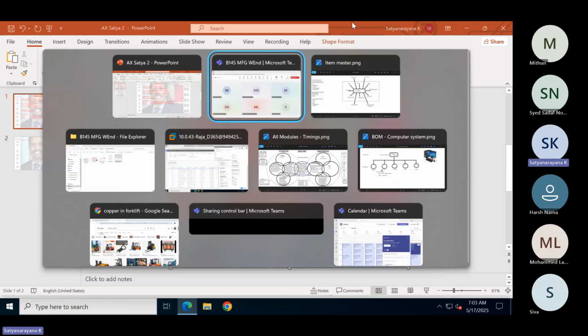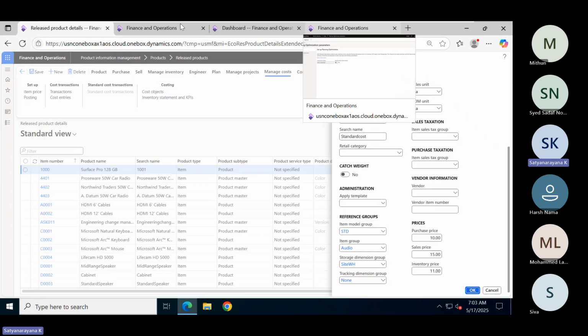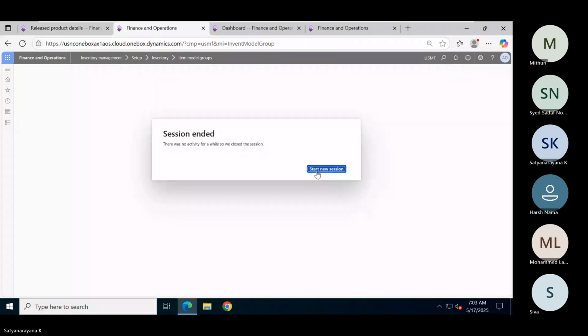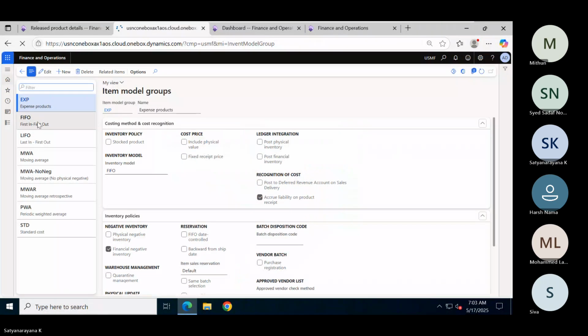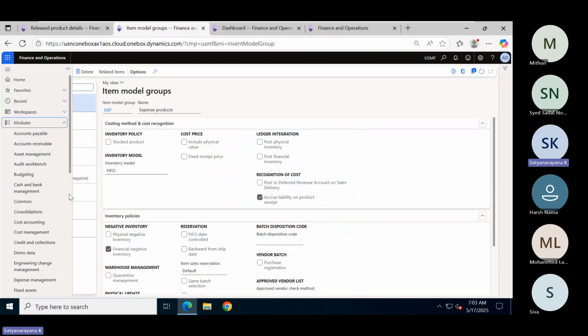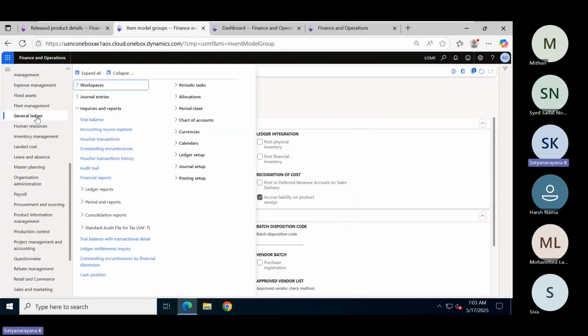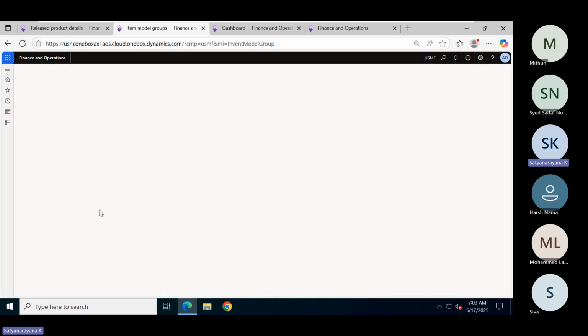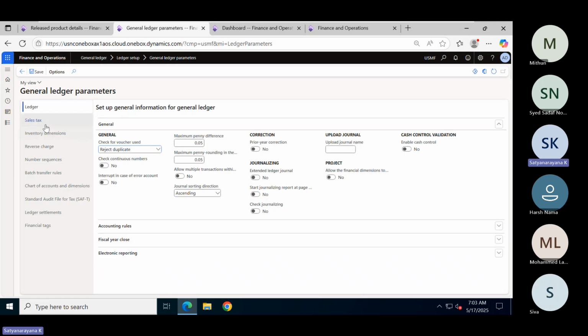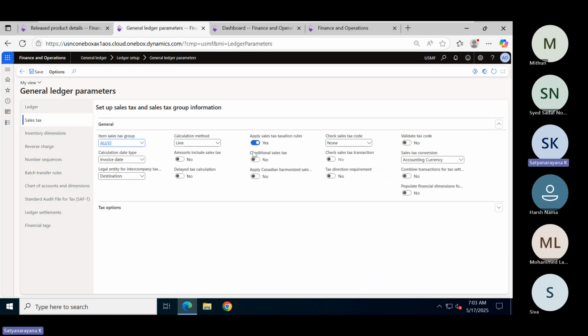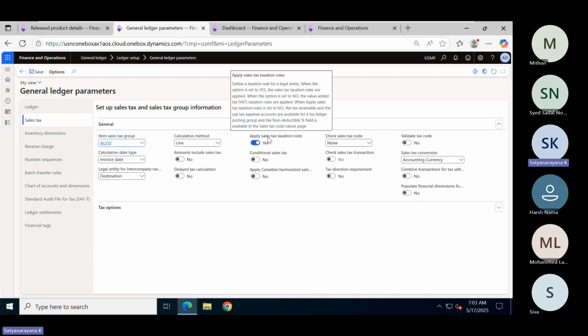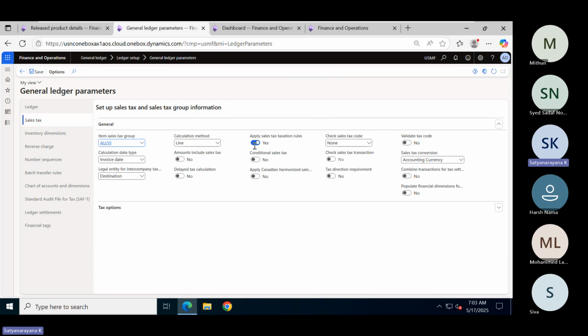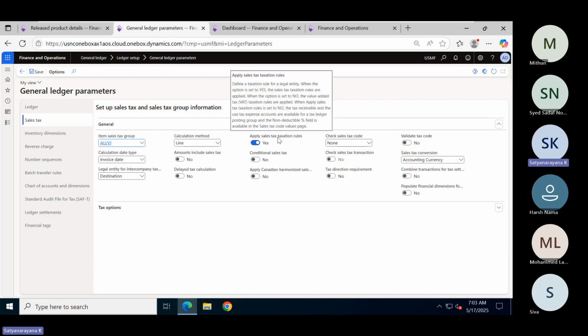So where we can find that checkbox, I'm showing you. This is related to finance. Okay, you should know about finance. General ledger. This is a topic from the finance topic. Finance. Ledger setup, general ledger parameters. Here sales tax. In this one, apply sales tax taxation rule. If it is yes means it is sales tax taxation rule.